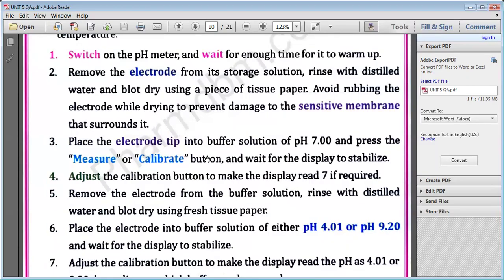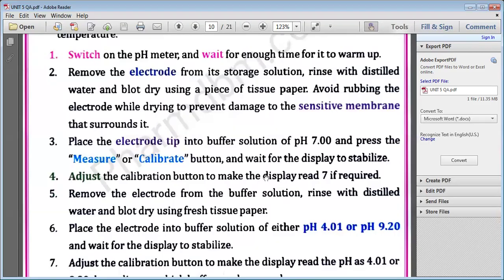Place the electrode tip, which we call the bulb, which is sensitive towards changes in the pH, or the changes in H plus ion or OH minus ion concentrations, into the buffer solution of pH 7, press the measure or calibrate button, and wait for the display to stabilize.